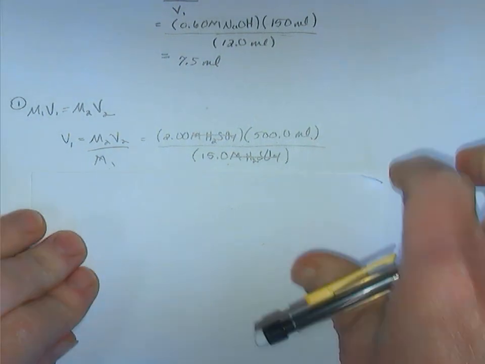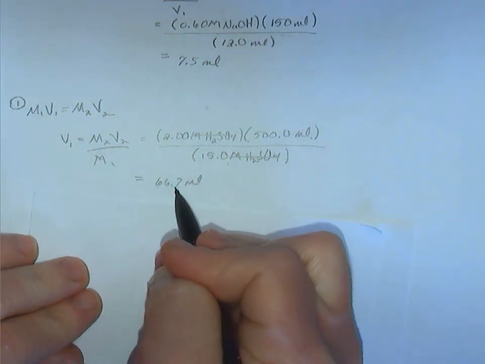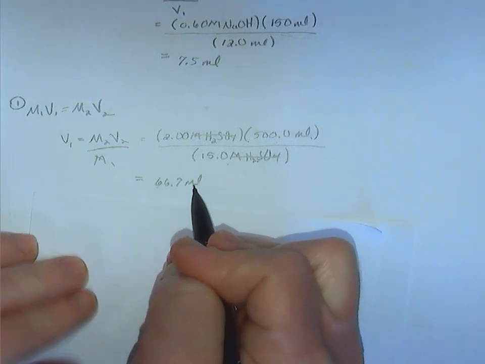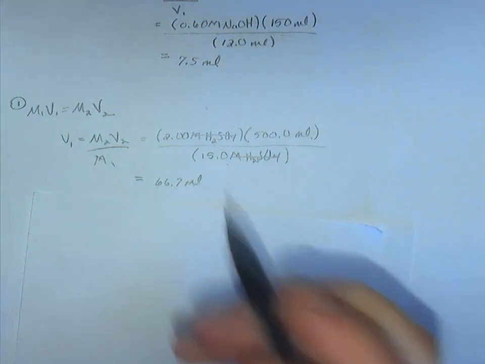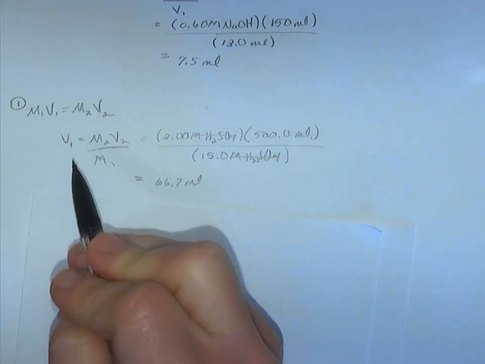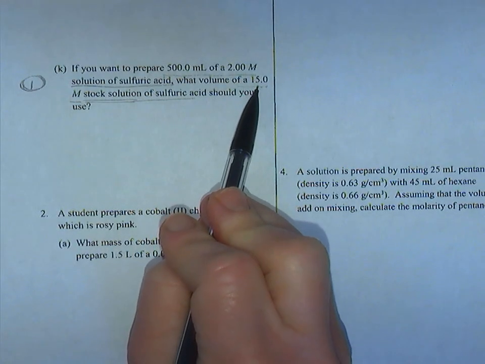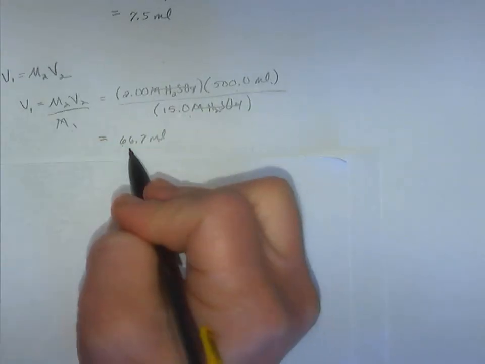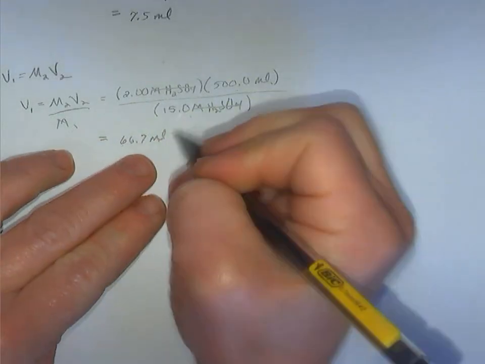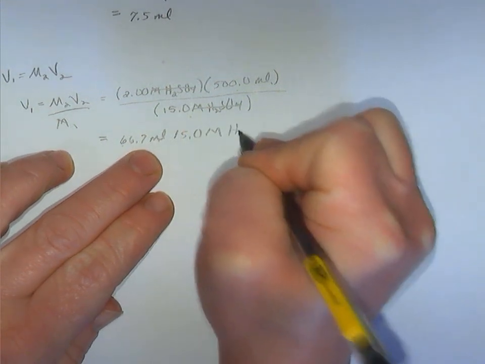All right, so when we do our math, what we get is 66.7 milliliters. But milliliters of what? We were solving for V1, which matches the stock solution. So we need 66.7 milliliters of the 15 molar sulfuric acid solution.